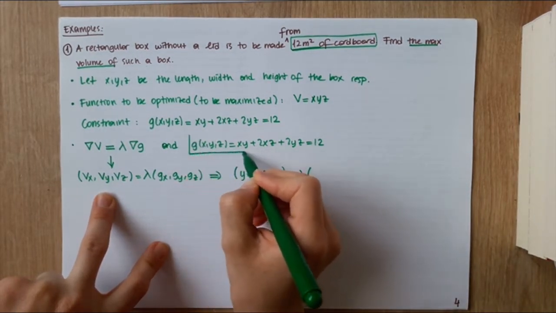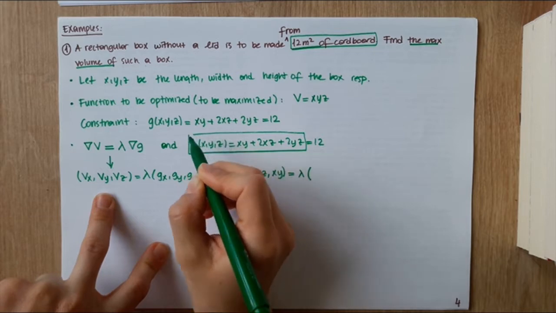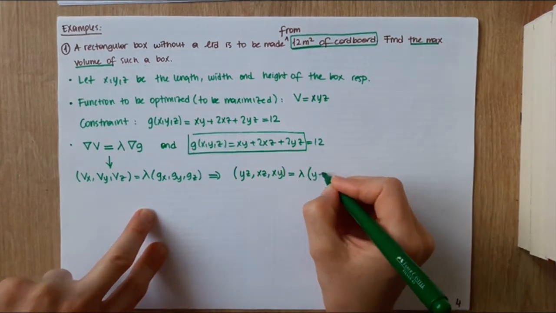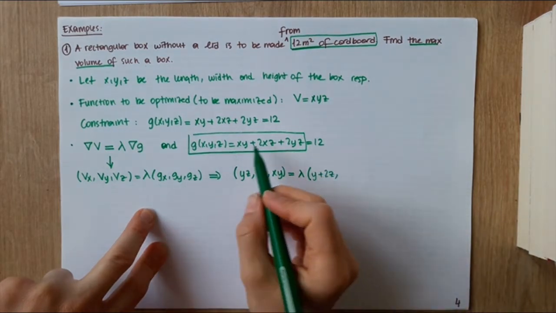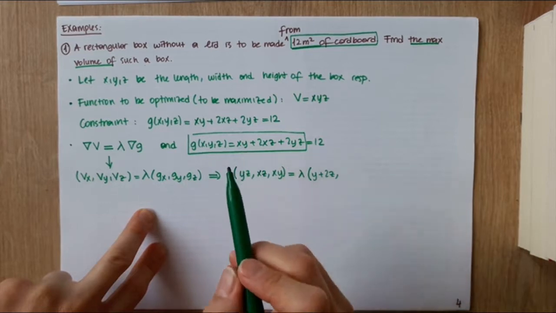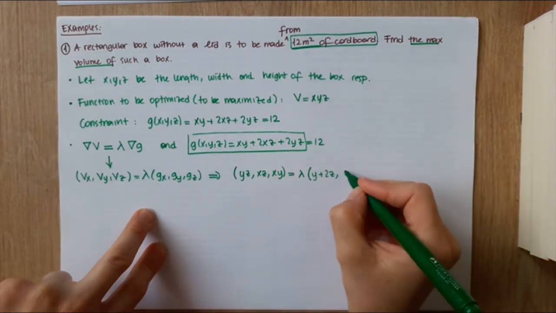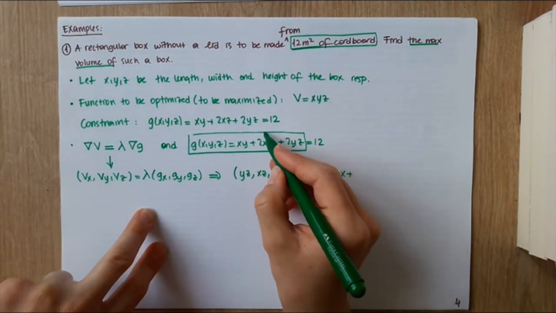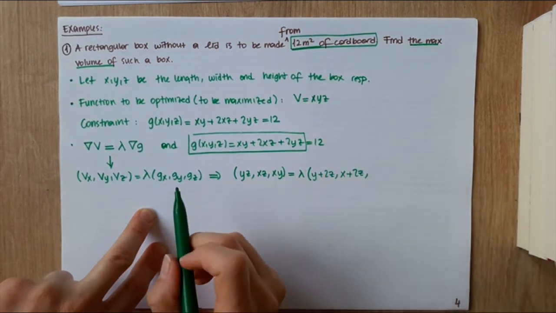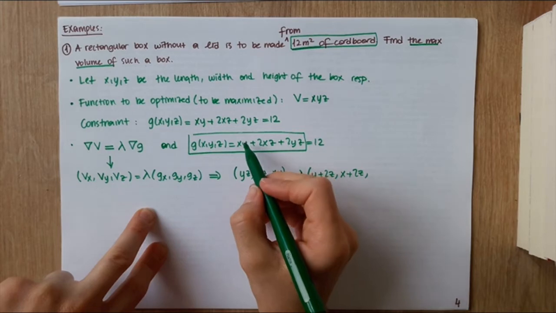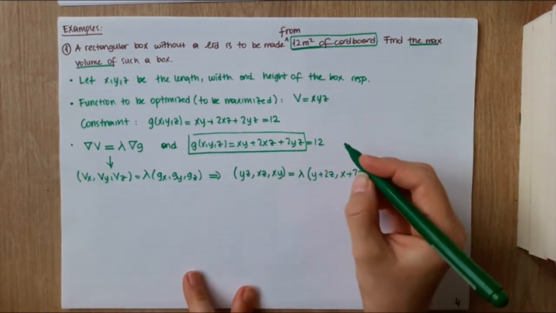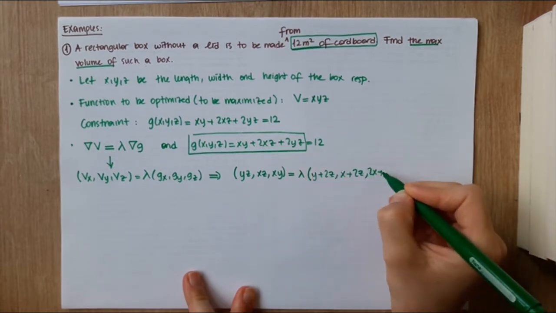This time, this function here with respect to x is, here I have y, and here I have 2z, and there is no x, so this is constant. The derivative of this part is 0, and with respect to y, from here I have x plus, there is no y, so the derivative of this term is 0, but from here I have 2z. And the derivative of g with respect to z is, this will be constant, and so the derivative is 0. I have 2x plus 2y.